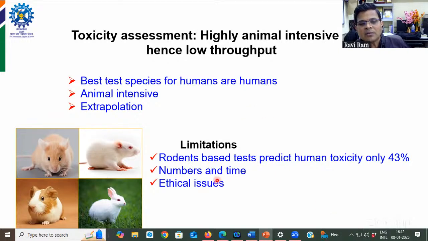And apart from that, there are always these ethical issues, because human per se doesn't want to participate in these studies, number one. So when humans themselves are not participating, what right do humans have to subject these animals to them?